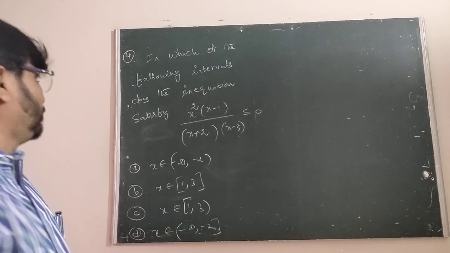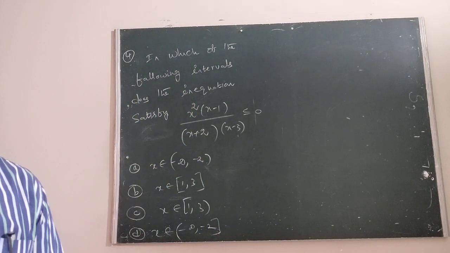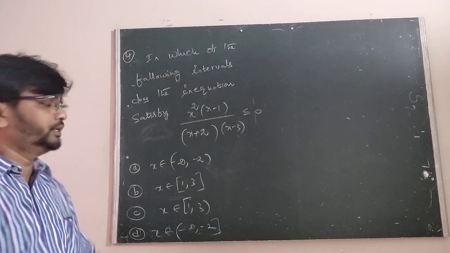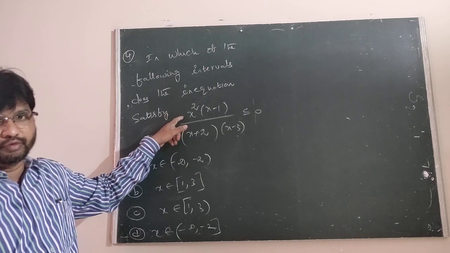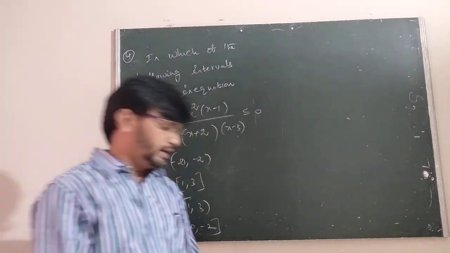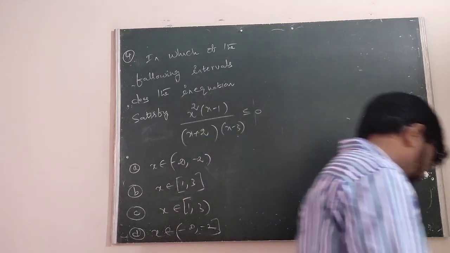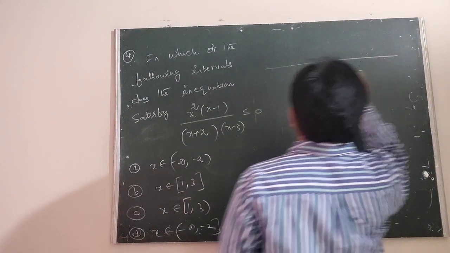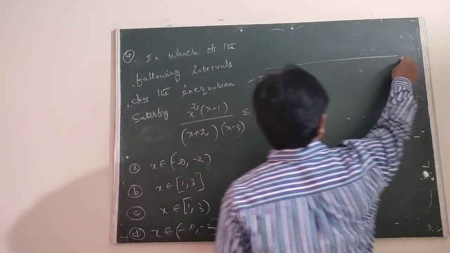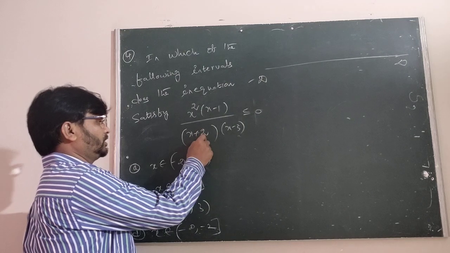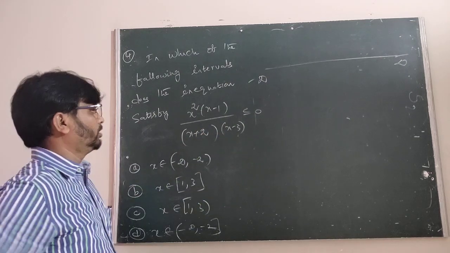Alright, we are going to the fourth one. In which of the following intervals does the inequation hold? Here the inequation is x square into (x minus 1) whole by (x plus 2) into (x minus 3) less than or equal to 0. Now taking the number line from minus infinity to infinity, we mark x equal to 1, x equal to minus 2 and x equal to 3.